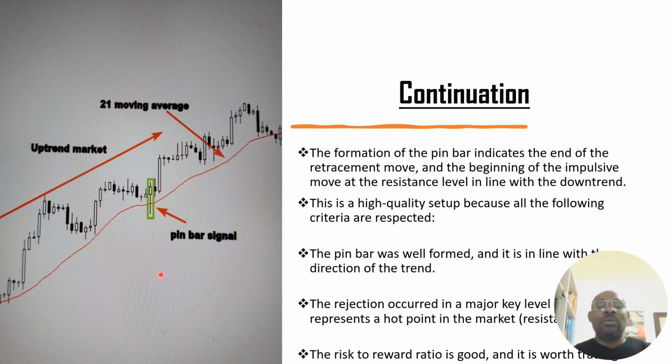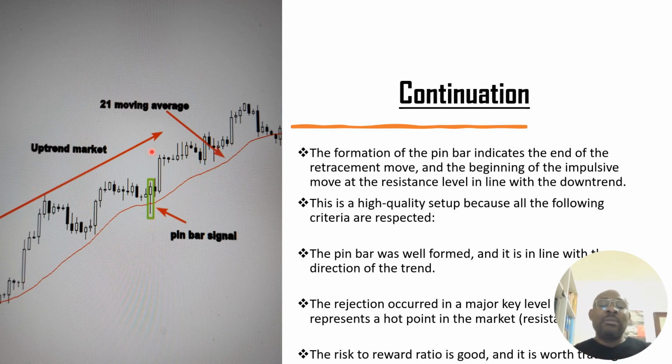When you see a clear pin bar, you see a rejection here. Now, this is the 21 moving average. That always acts as a dynamic support or resistance level. If it is an uptrend, it will be acting as a dynamic support level. If it is a downtrend, it will be acting as a dynamic resistance level.